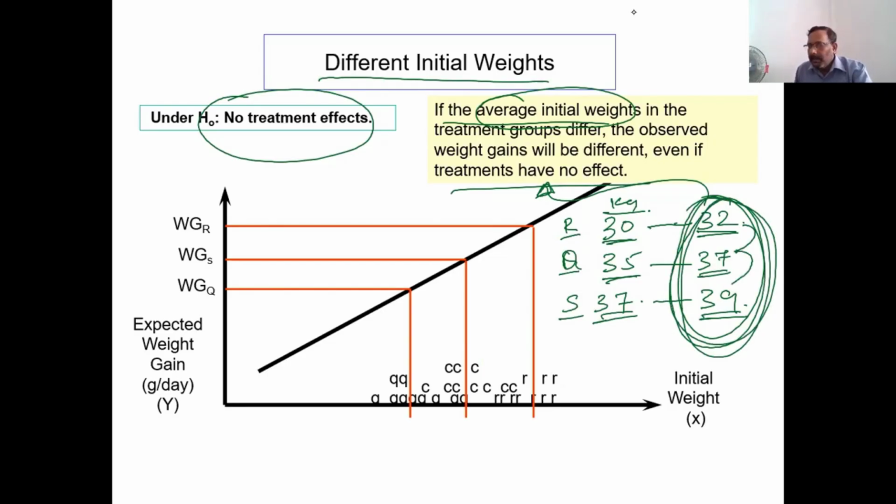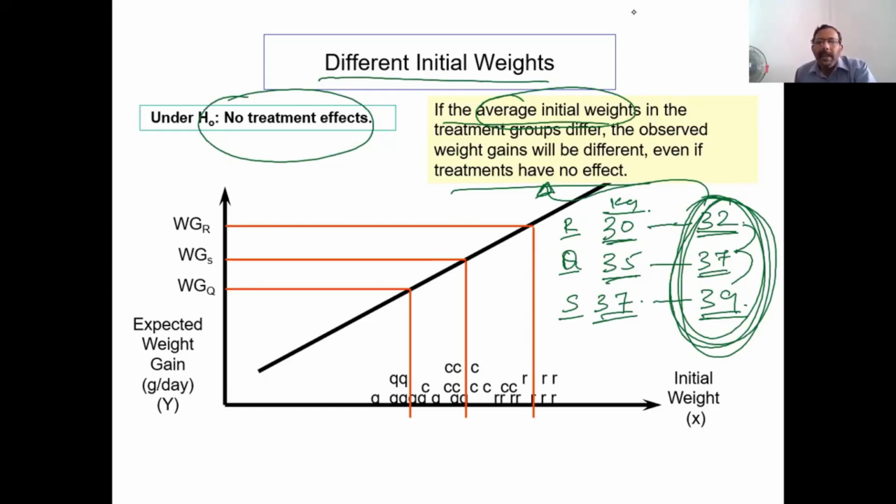Due to what? Why is that difference? Because of the initial weights. Yes, because of its initial weight. Even though there is no treatment effect, because of the initial weight. Normally we don't get this, but this is the problem. This is the problem in experiments.